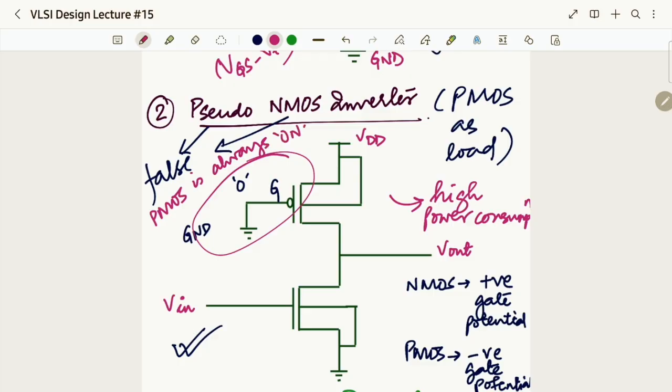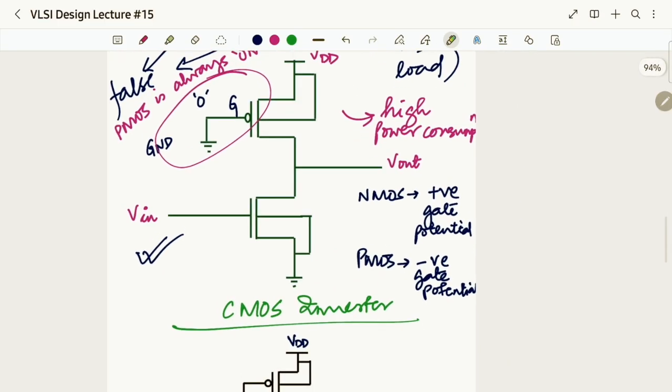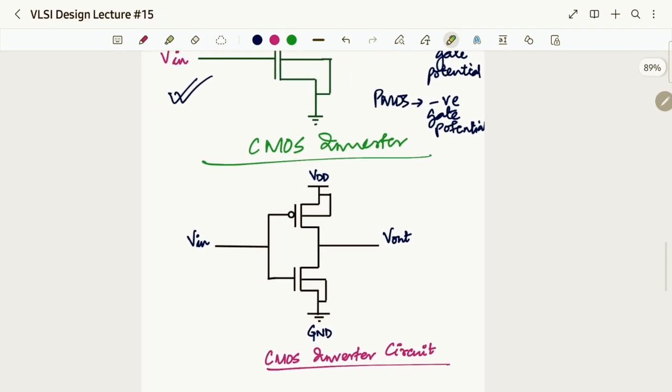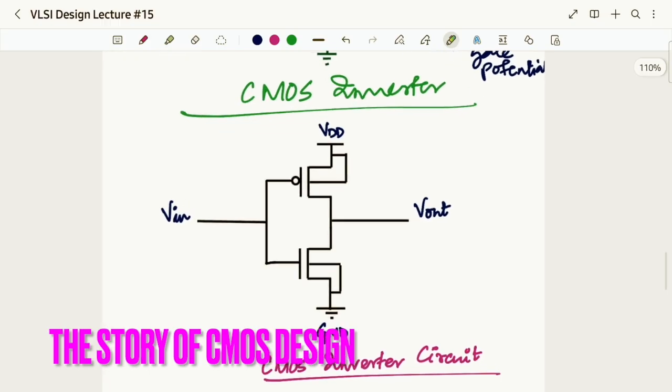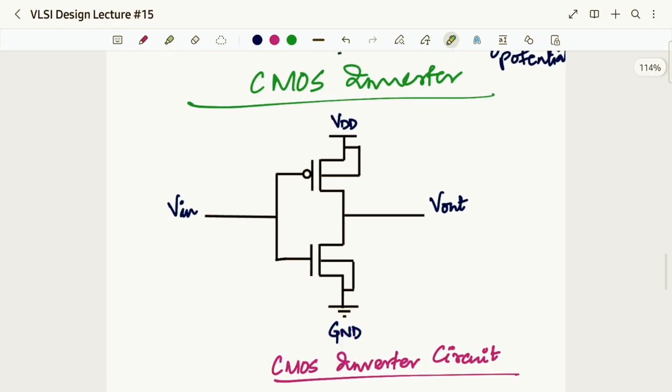Again, if a particular device is always on, it is going to leak a lot of power. Okay, so these are the reasons why we landed up on this CMOS inverter circuit.